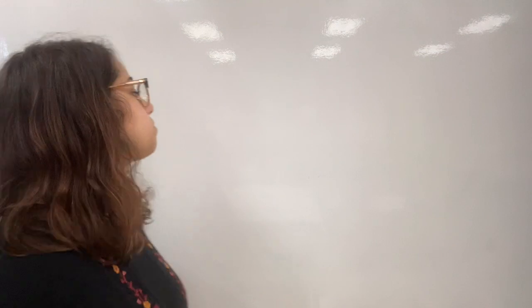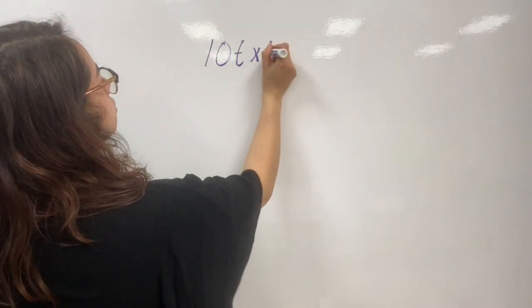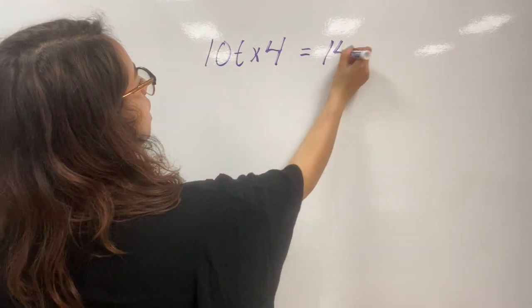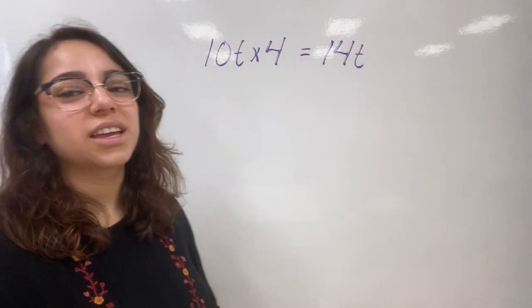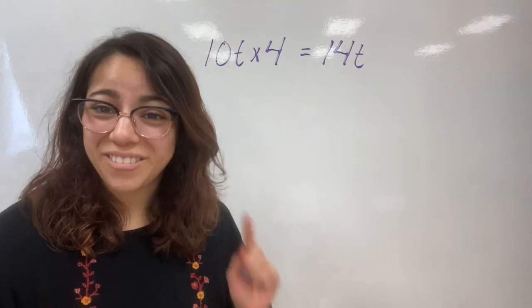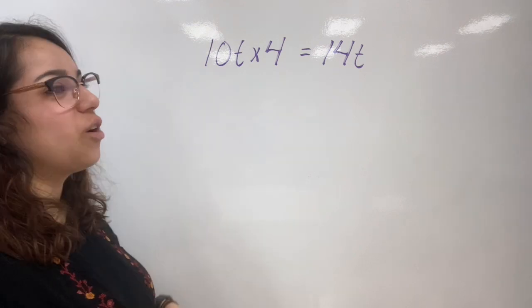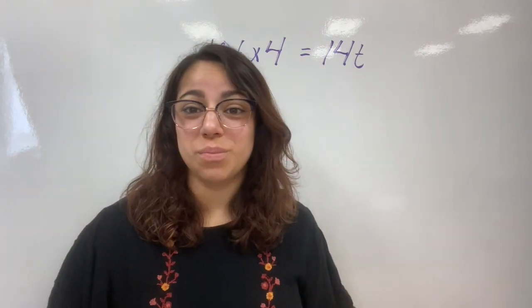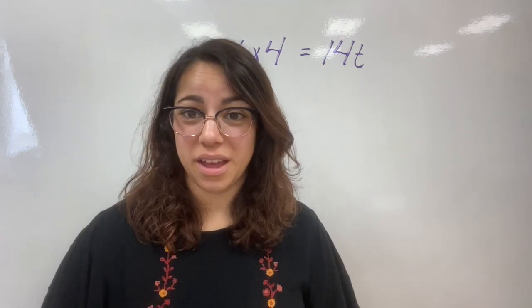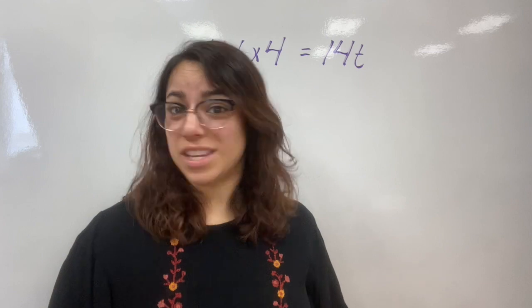So what we're trying to do is see if 10t times 4 is the same as 14t. Already looking at this, I can tell you that they're not equal. Let me show you how. This is telling us that we are multiplying. Now, the letters' clubs do let you in when you are multiplying or dividing by something, because now you are part of the t club.